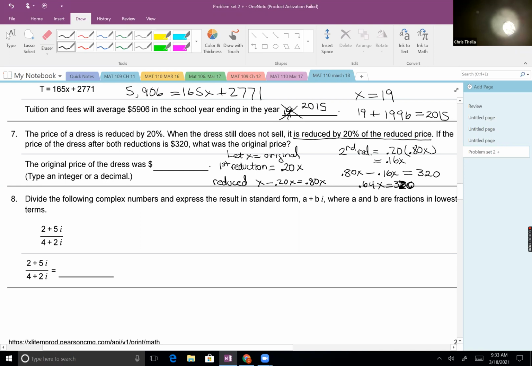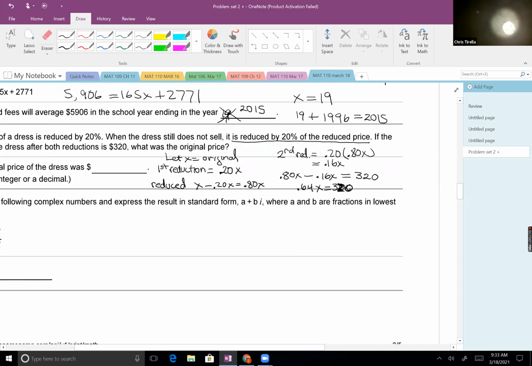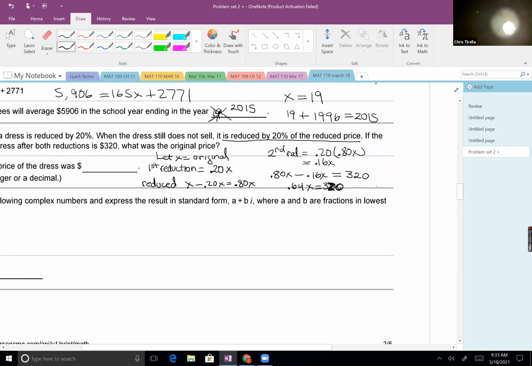And so when I divide by 0.64, I get the original price was $500. That one takes a little bit of thought. How are you folks with it?